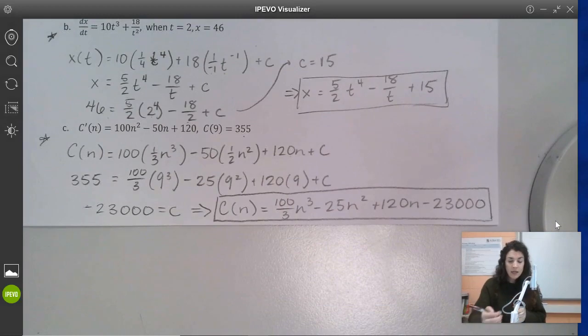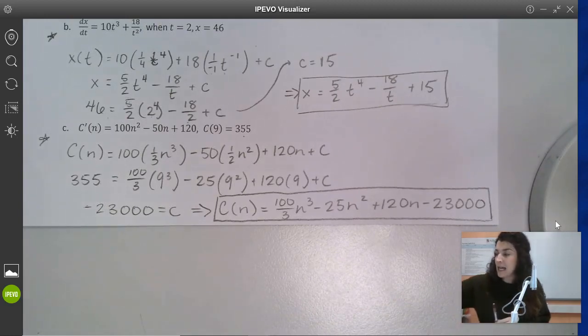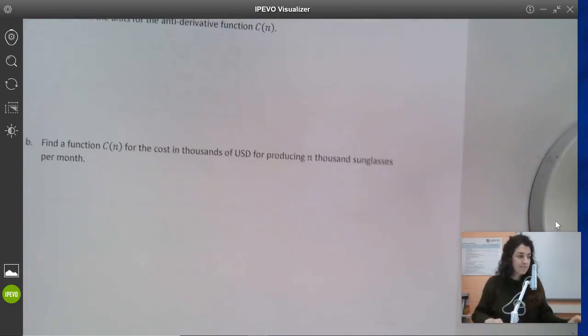So that's really the only new thing we're learning here. It can get obviously much more complicated than that, but we're going to practice that in class together. And we're just going to finish this last problem on the other side and call it a night.